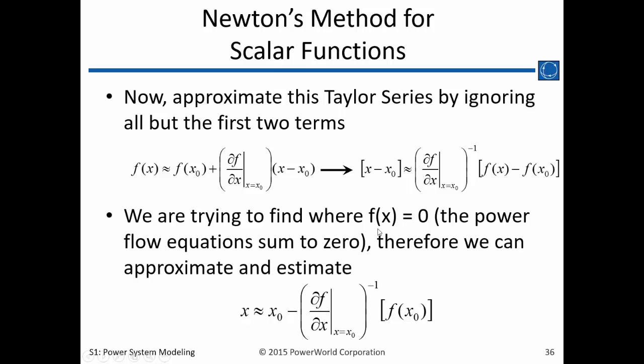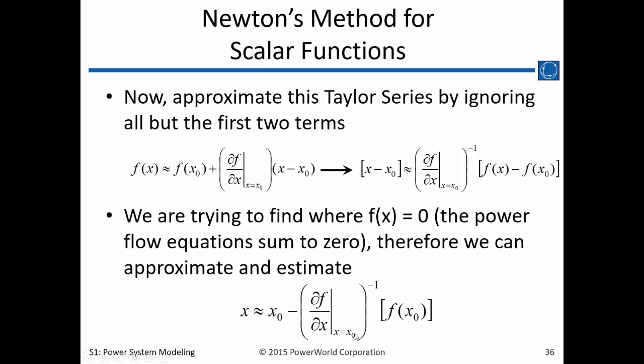What we try to do is find where f(x) is 0, which means that the power flow equations sum to 0, because those are the vector or array of functions that we're trying to solve. So we estimate it with this equation, where we're trying to find the value of x, approximated as a starting value of x minus the inverse of the derivative of the power flow equations with respect to x, times the vector of values of the functions at the starting value.